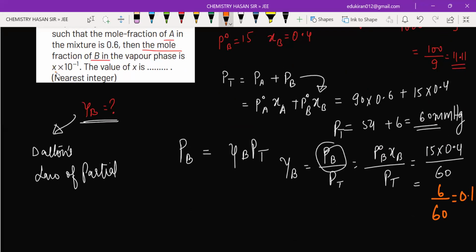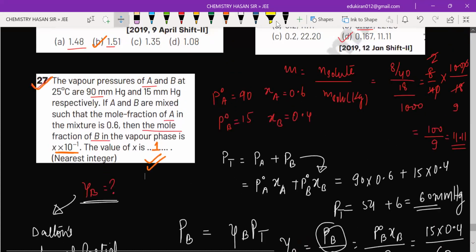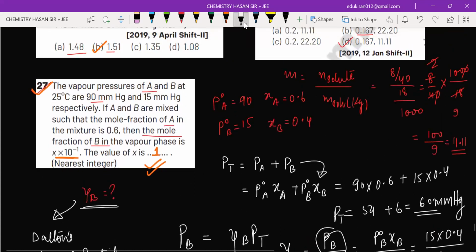So this is 1 into 10 raised to the power minus 1, and 10 raised to the power minus 1 is already given in the question. So the value of x is 1. It is quite a good question. Don't be confused while solving mole fraction.